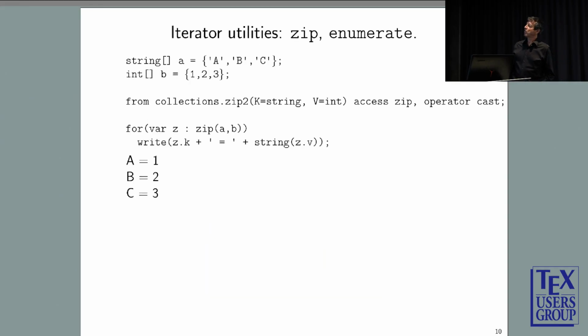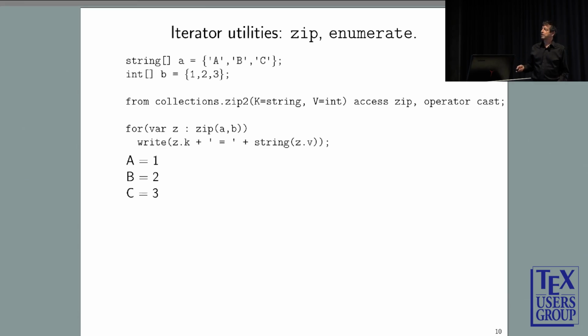Okay, so another thing. There are some iterator utilities, zip and enumerate. Here's an example of how you use zip. It just allows you, like a zipper, to join A with 1 and B with 2 and C with 3. And so we write them out here. So basically, it's another way of doing key value pairs. But you can combine any 2 arrays this way.